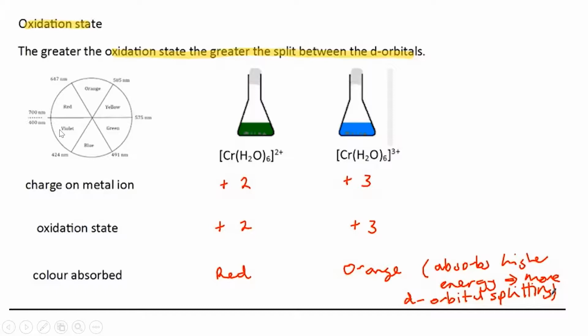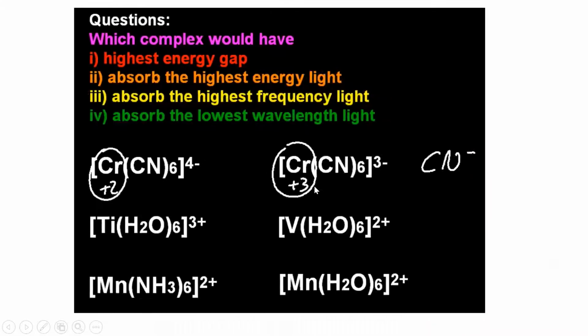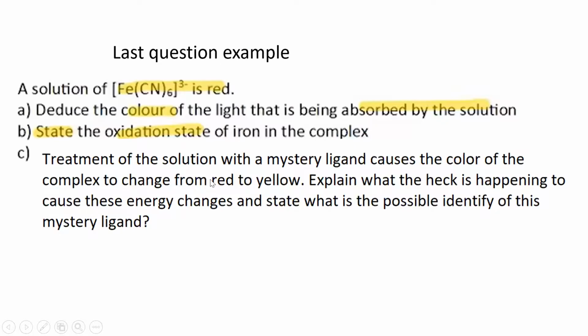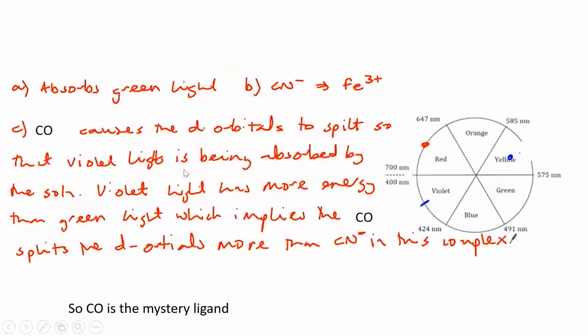But because it's lower wavelengths, I have to have a higher frequency or higher energy, okay? So with the lower wavelength, I have a higher energy color here. So violet, okay? The violet is going to be a higher energy than green light.